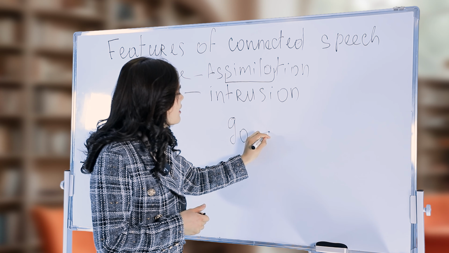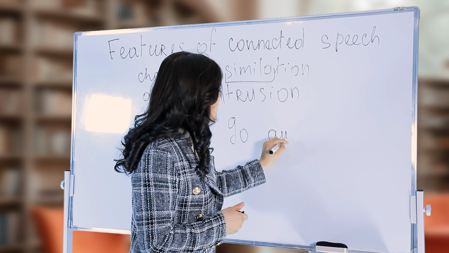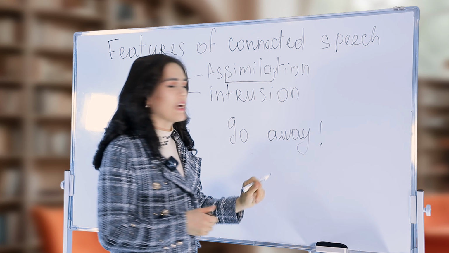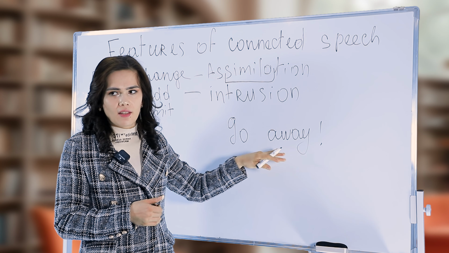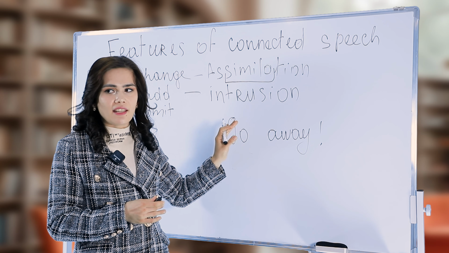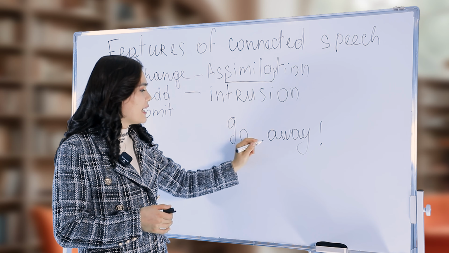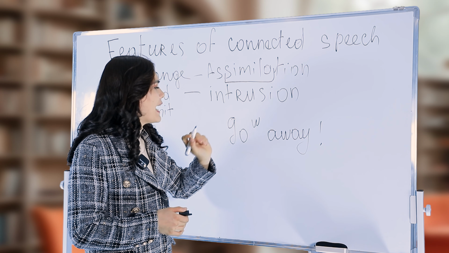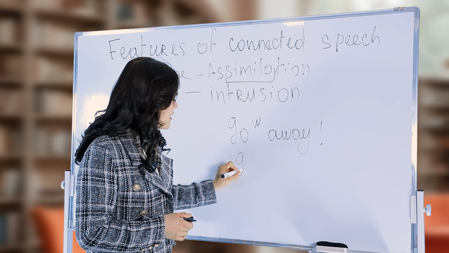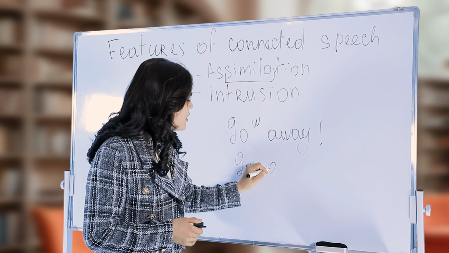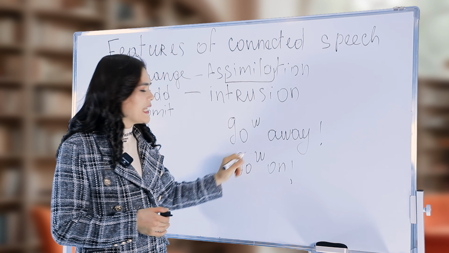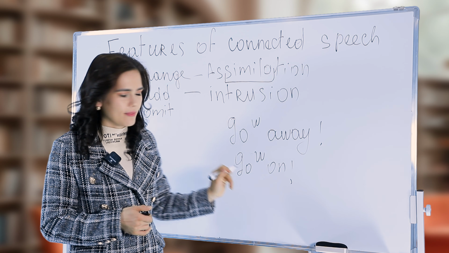If you have the following word, go away, if you pronounce it individually, you cannot add any sounds. But when you connect them, you can see a sound added here, go away. Or another example, go one, where you can see another linking w sound.